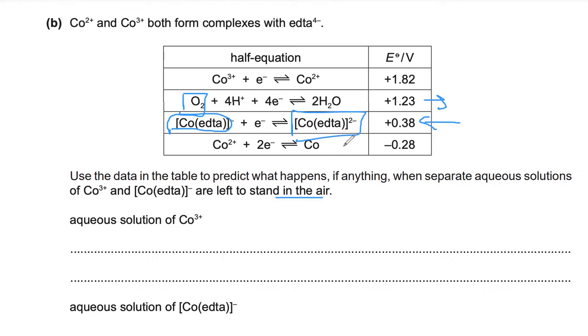Okay, no, what we'll do is, since over here it's written CoEDTA minus, since the electrode potential for oxygen is larger, oxygen would react with CoEDTA minus 2 to form this and water. Alright, let's look.